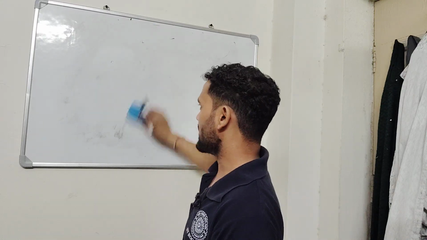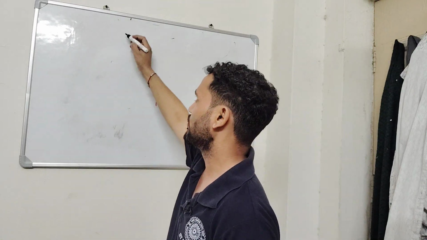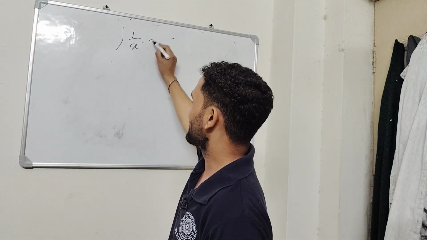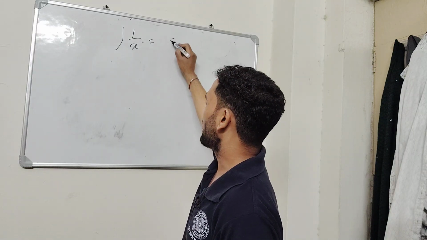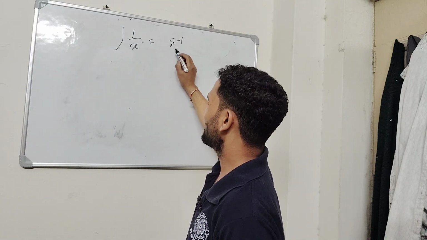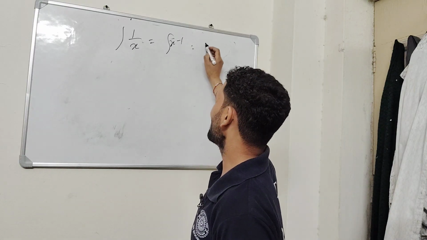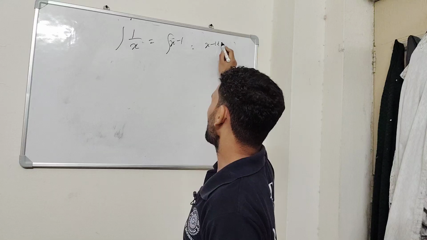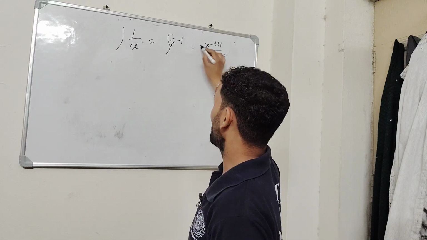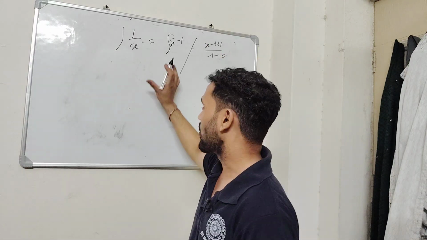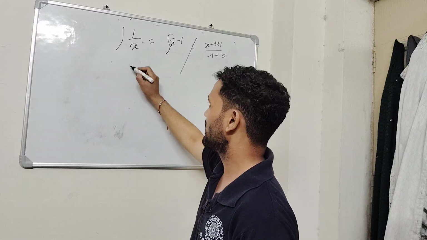But when these things are in the denominator, then what will you do? 1 upon x is equal to x power minus 1, right? And the integration of this one would be x power (minus 1 plus 1), which is wrong. This one is wrong.